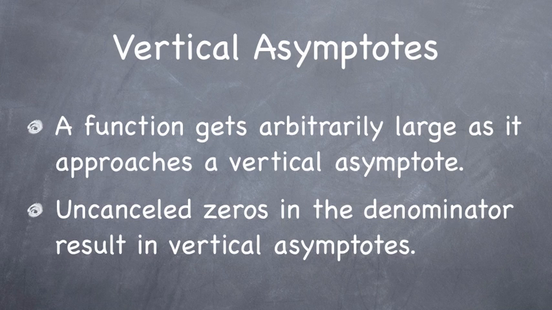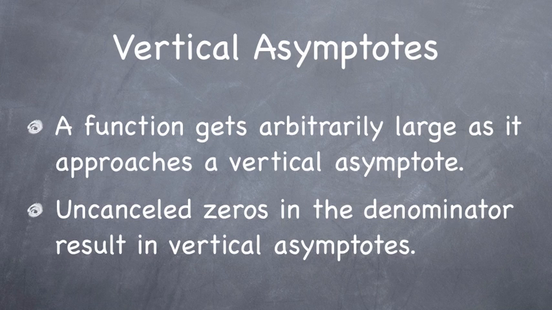As the function gets closer and closer to that line, it's going to get very, very big in the positive or the negative direction. We will sometimes say that our function approaches infinity or negative infinity as our x value gets closer and closer to this vertical line.